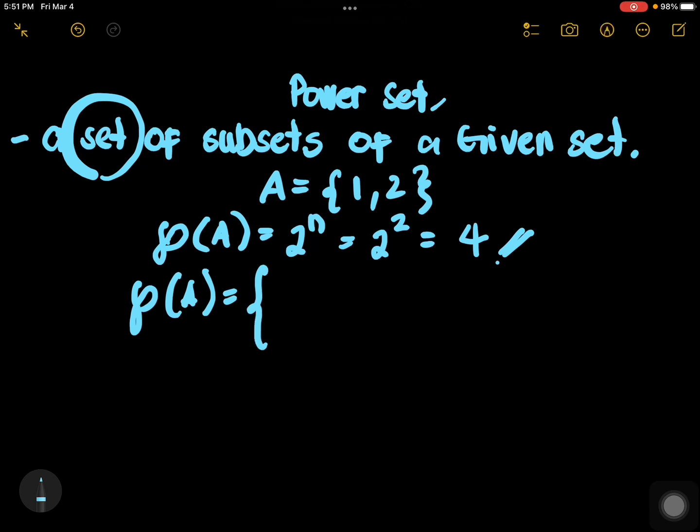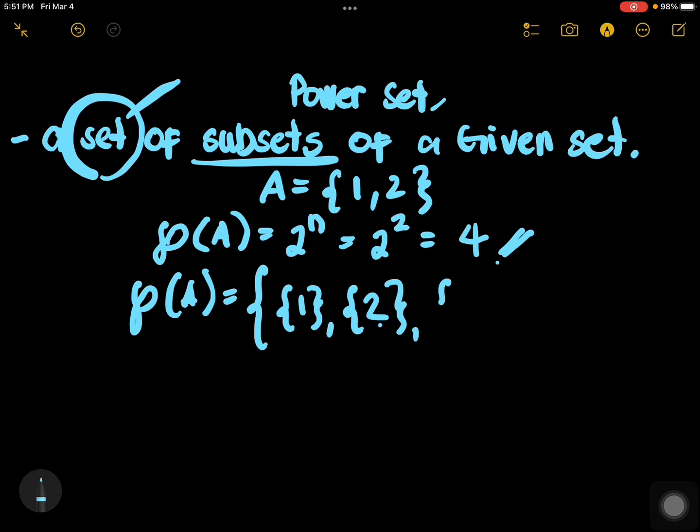So the first set, since it is the set of all subsets, meaning the elements are all sets. So the first set is this one. It is a set with 1 as an element. The second one is a set with 2 as an element. The third one is a set with elements 1 and 2.